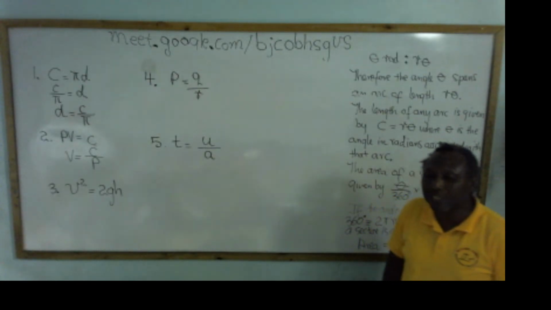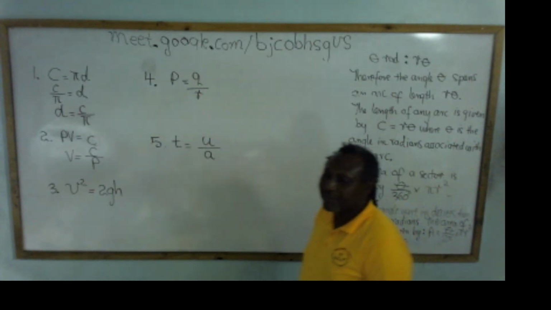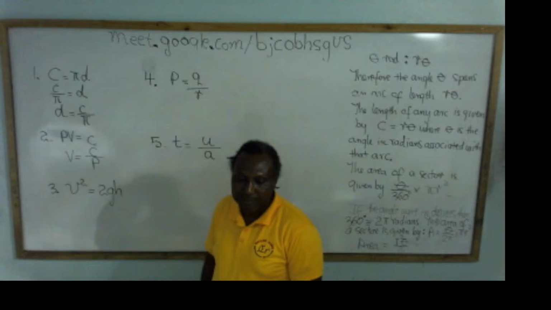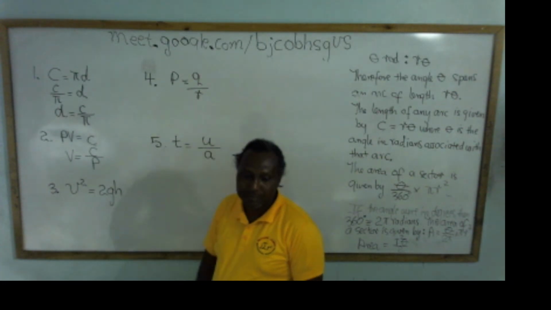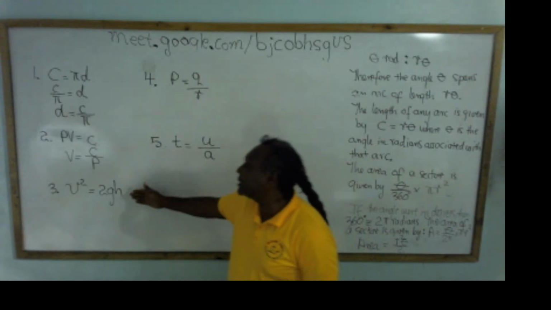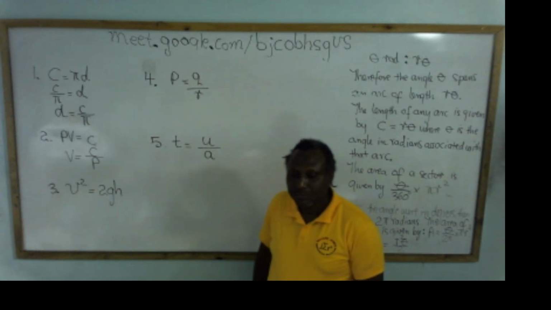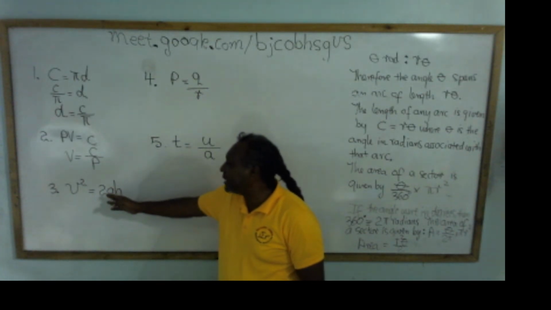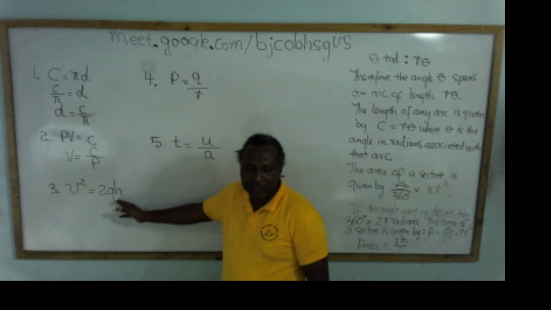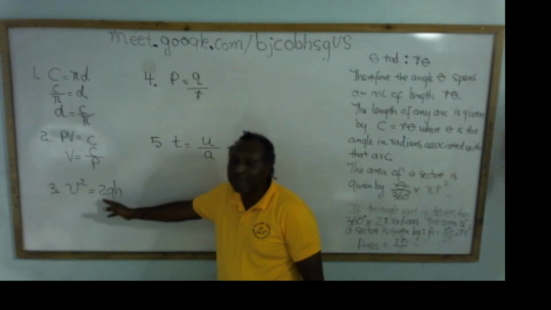G is the acceleration due to gravity, which is a constant value. So it makes sense we find the value of H. So H in this case is the proposed subject. So H is our proposed subject, and it's accompanied by 2G. And H is being multiplied by 2G.